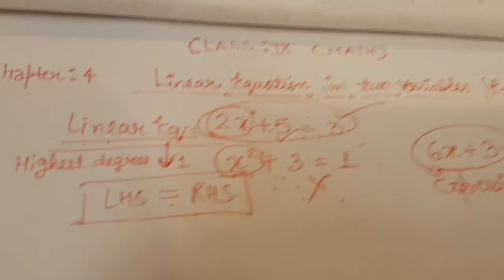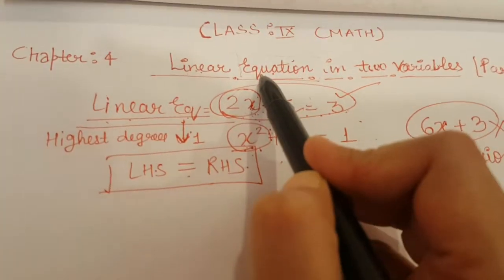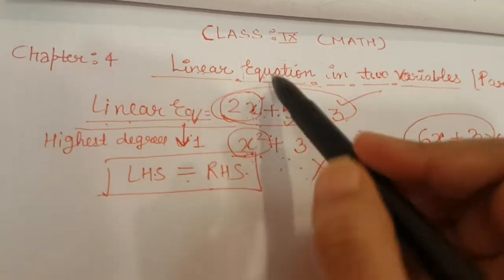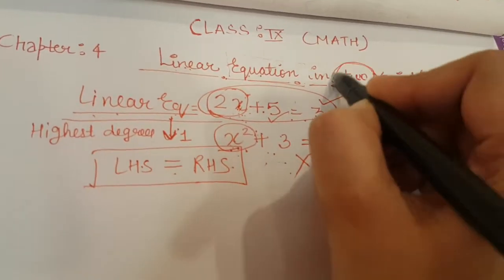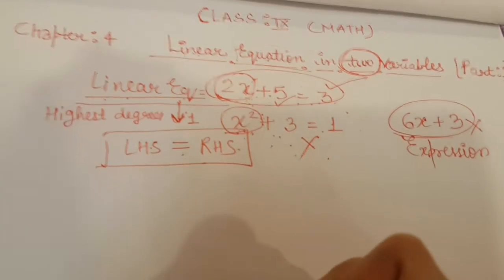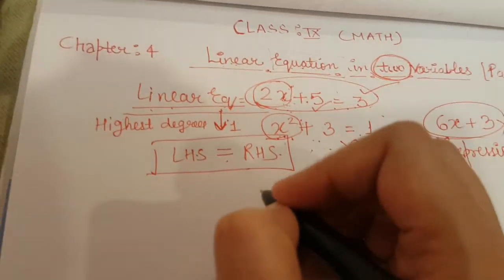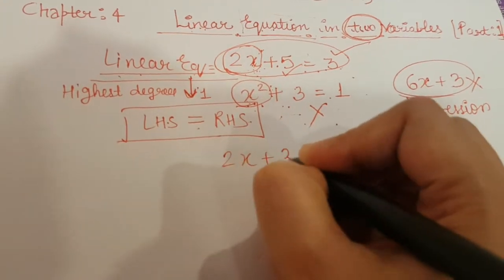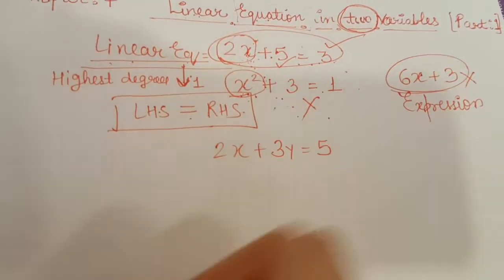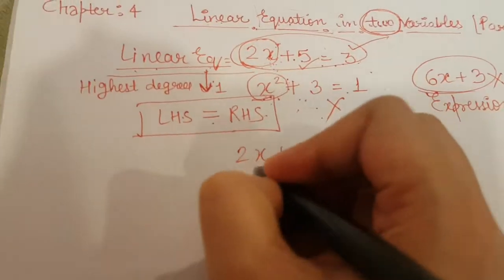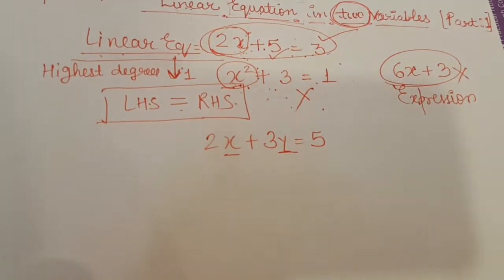Now in this chapter we will study about linear equation, but the linear equation will be in two variables. So let me give an example of linear equation in two variables. So 2x plus 3y equal to 5. Now you can see there are two variables in one equation.